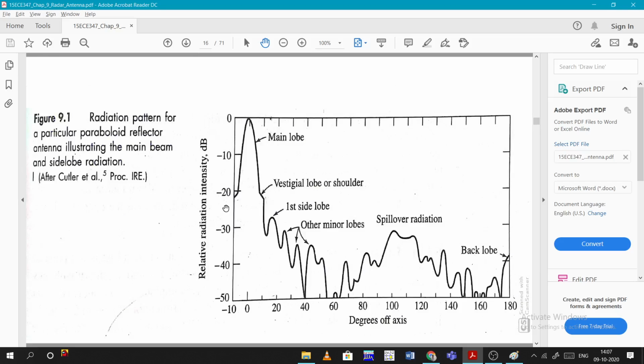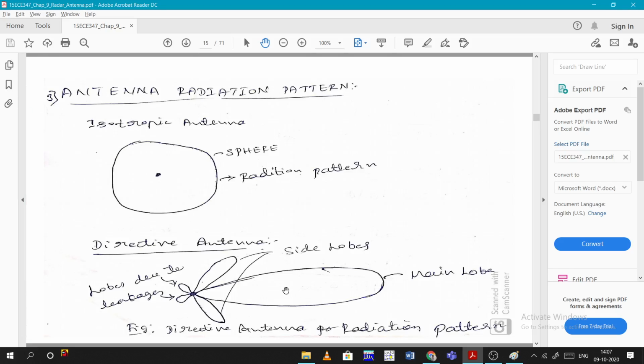If you rotate, like moving clockwise, at every angle you see how it is changing.